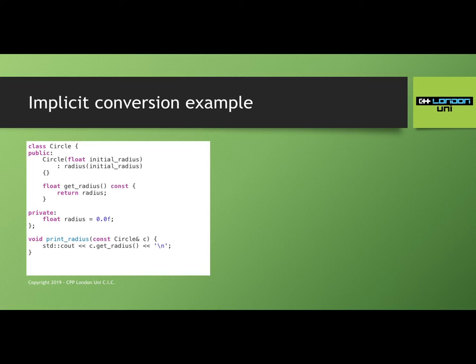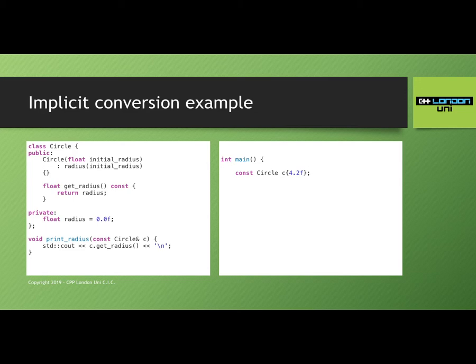And then we've got a function called print radius, which accepts a circle, or in this case a reference to a circle, and calls the get radius function in order to get the radius of the circle and print that out. So hopefully at this stage this is kind of familiar. If you're not sure about this colon thing in the constructor, don't worry, we're going to talk about that in a second.